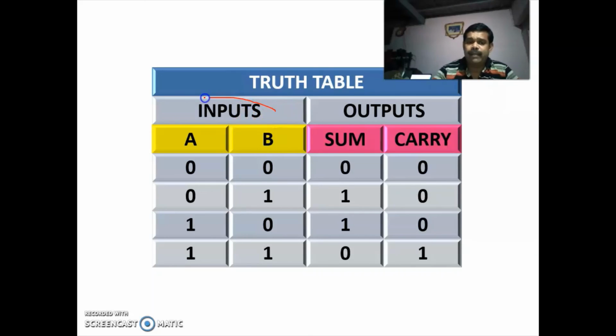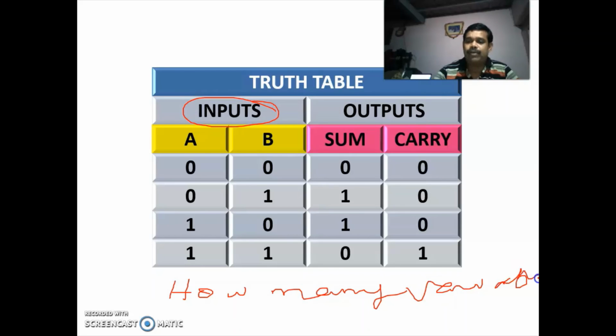Input variables represent how many variable maps you have to draw, and outputs represent how many K-maps you have to draw. So what do inputs represent?